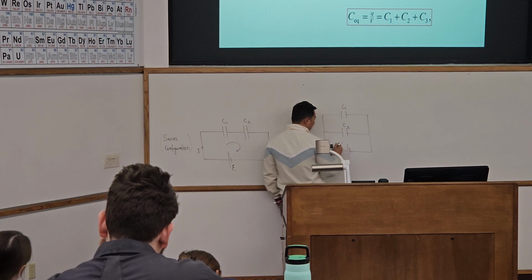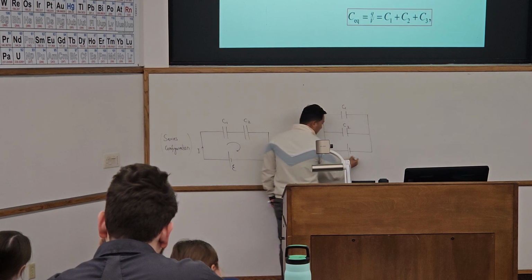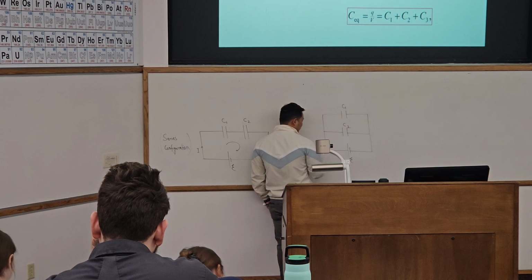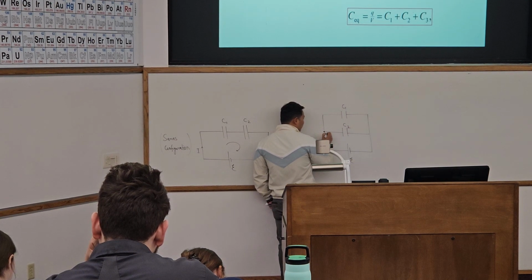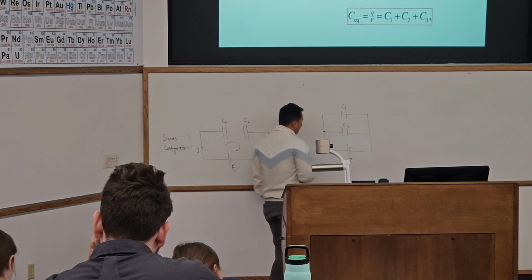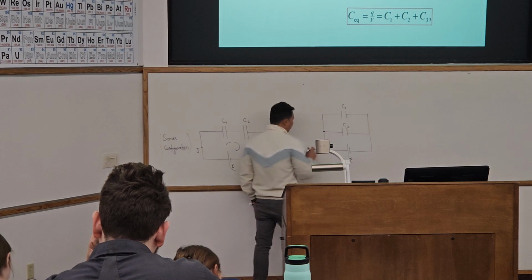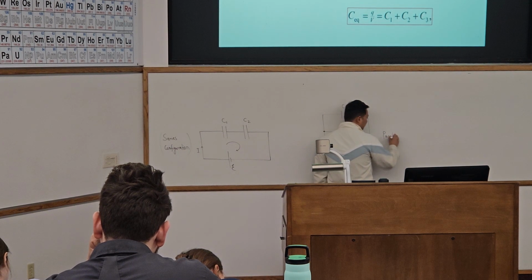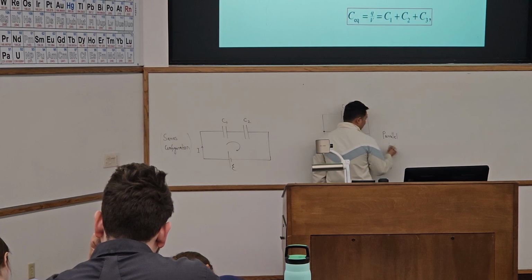Now, the battery always provides the current to the circuit. But once you reach over here, the current will divide. We'll talk about this one. This is called parallel combination, or configuration.